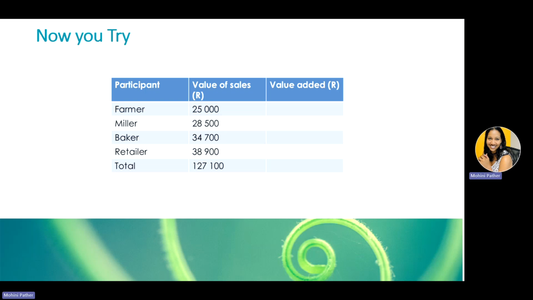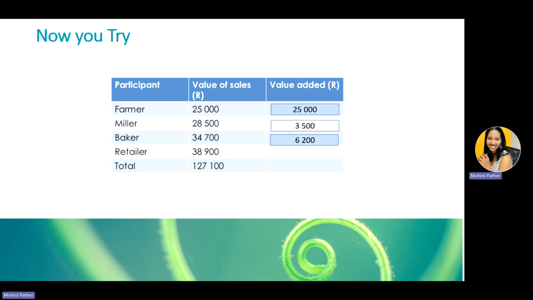Now, here's an opportunity for you to try. You'll note that only the difference between that 28,500 and 25,000 is added using the value added method. So we're only looking at the difference. The next difference is 6,200.